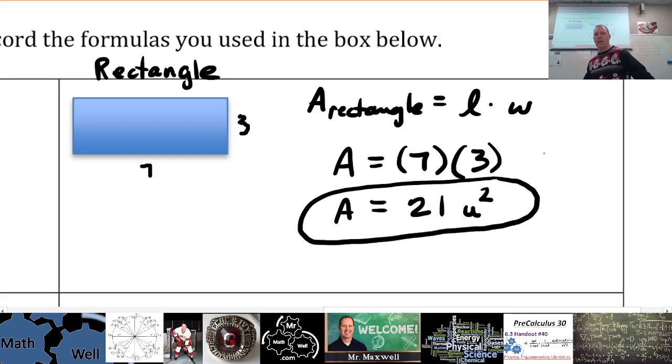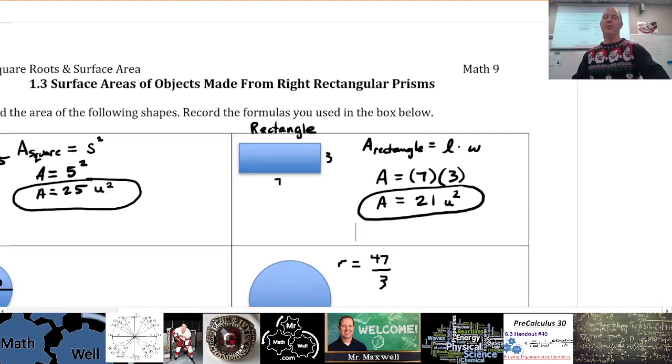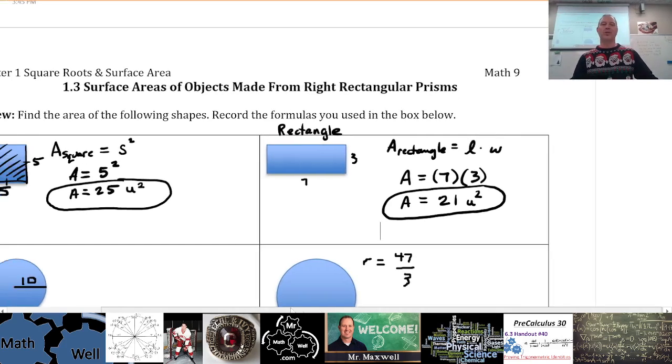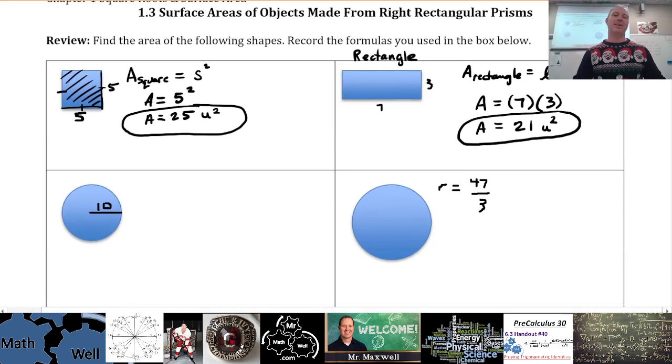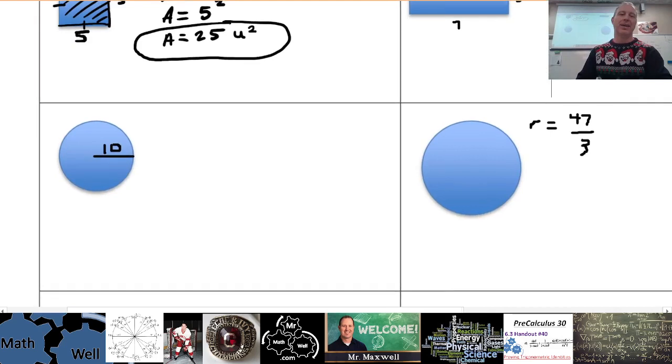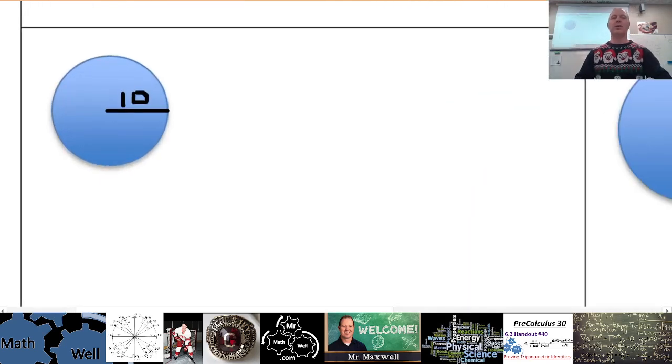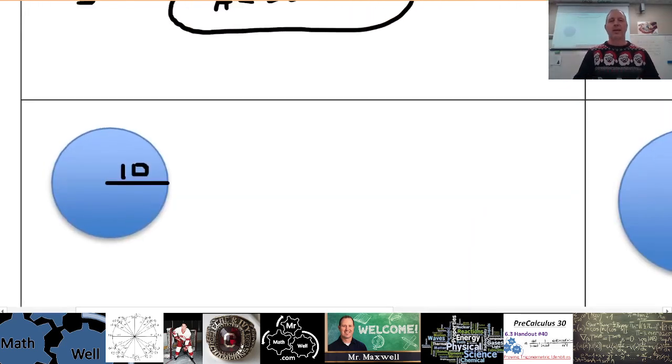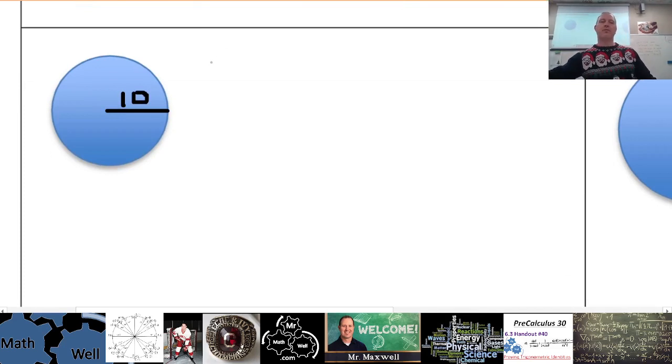Okay. Everybody got that? This is terribly easy, isn't it? I'm almost insulting you with how easy this is, right? I promise we'll get a little tougher here. Okay, so a circle. This one is a circle, okay? So what's the area formula for a circle?